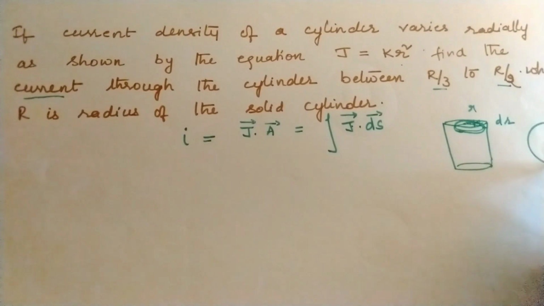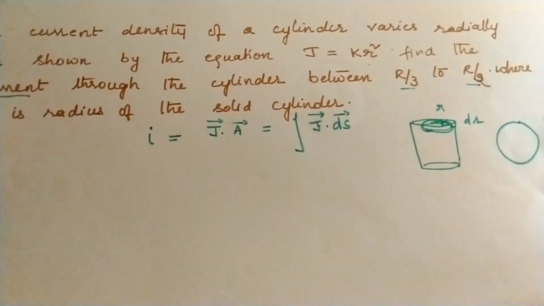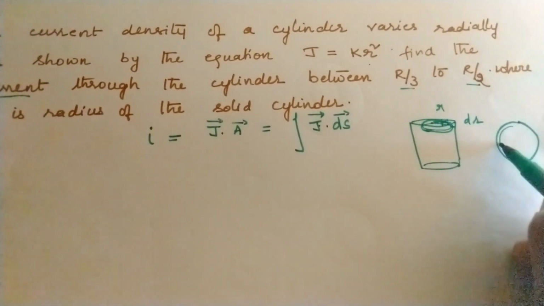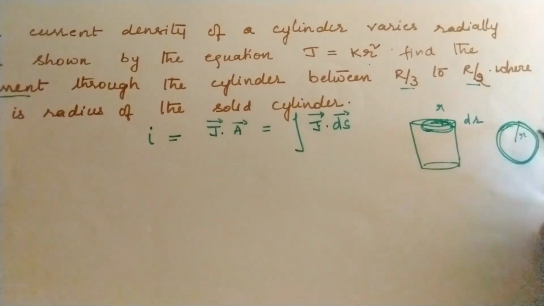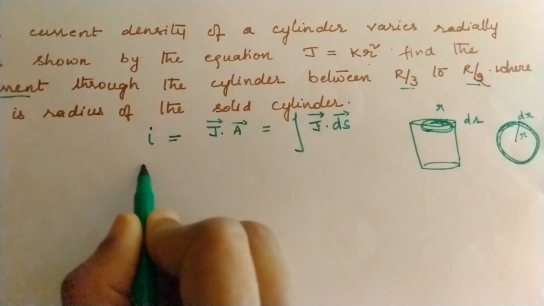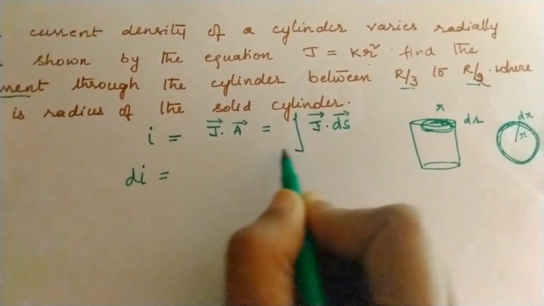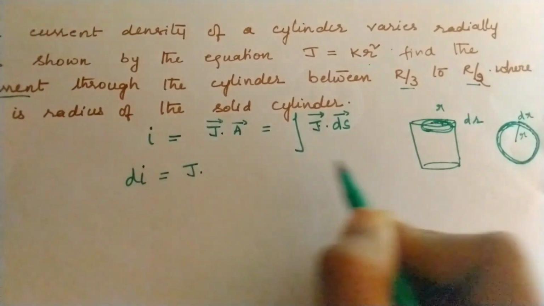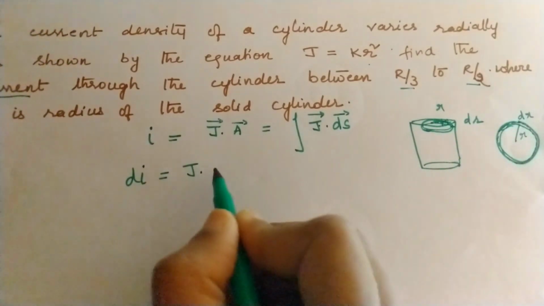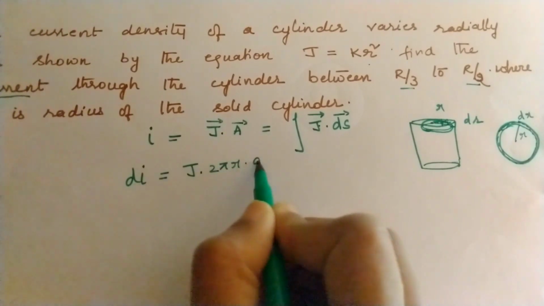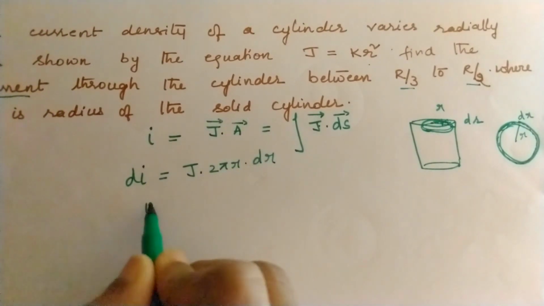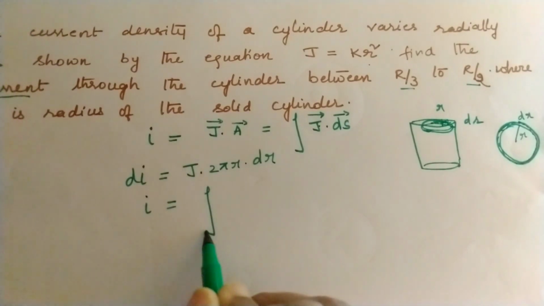The cross section of the cylinder is a circle, and I have taken this small ring at a distance r with thickness dr. Let us calculate the current passing through this small portion. di is equal to current density into the area of this shaded portion, 2 pi r into dr. Since I need the total current, integrate the relation.